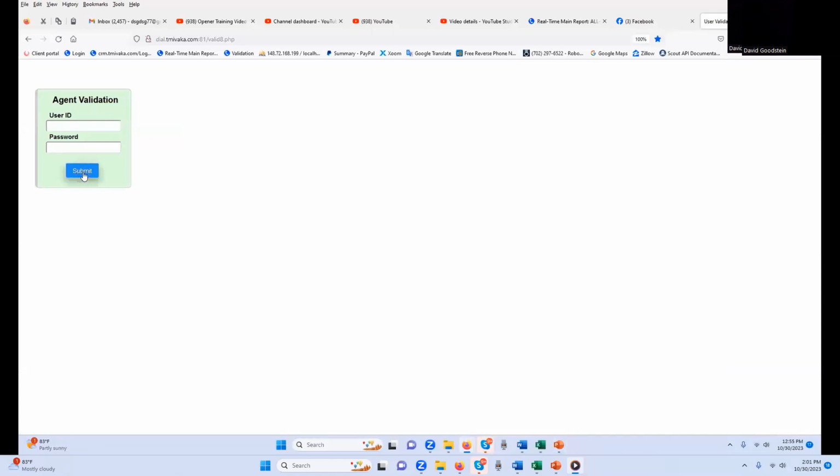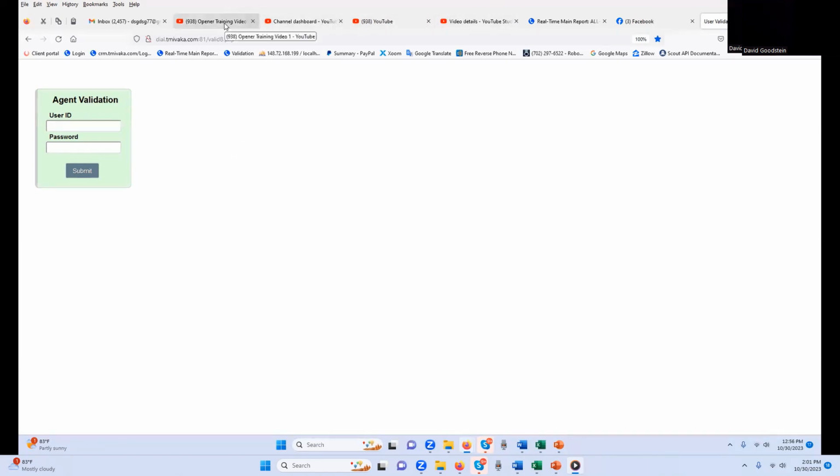You're going to hit submit. And this is going to prevent any dialer issues you may have moving forward, because your IDs are based off of your IP addresses. All right. So we're going to first validate our IP.